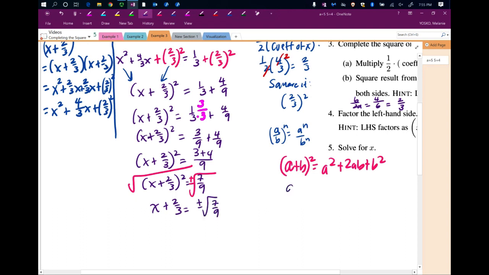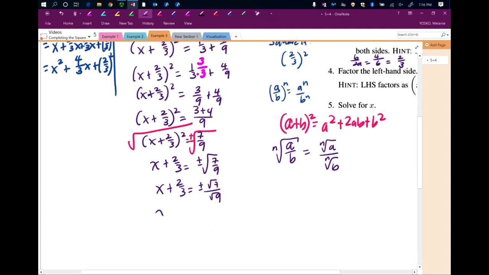We have another rule of algebra that says if you have a over b under a square root, or really an nth root, that's the same thing as the nth root of a over the nth root of b. So we can rewrite this as x plus 2/3 equals plus or minus square root of 7 over square root of 9.